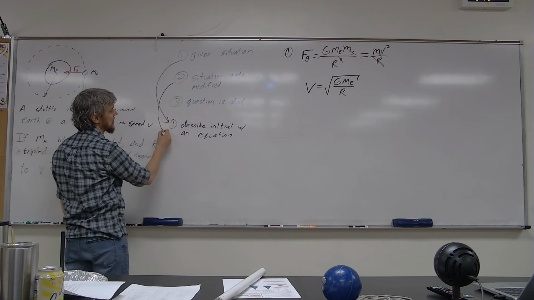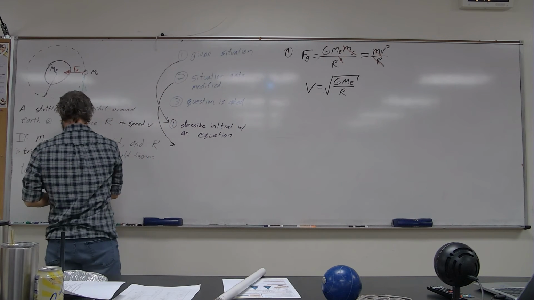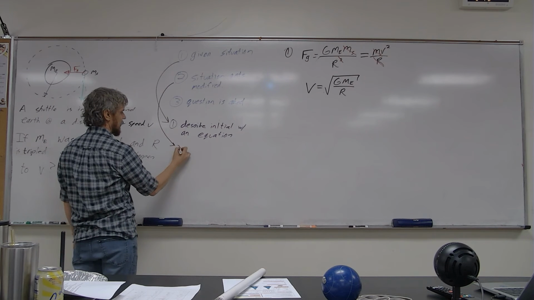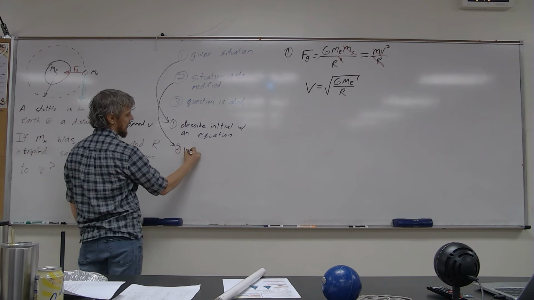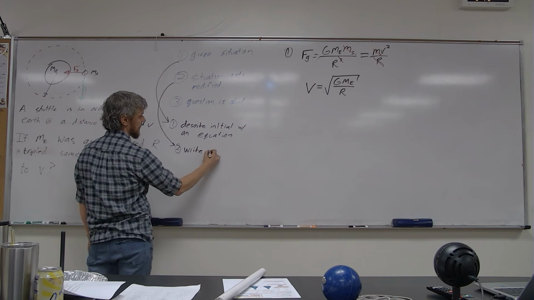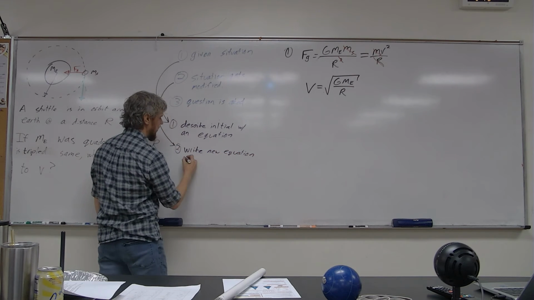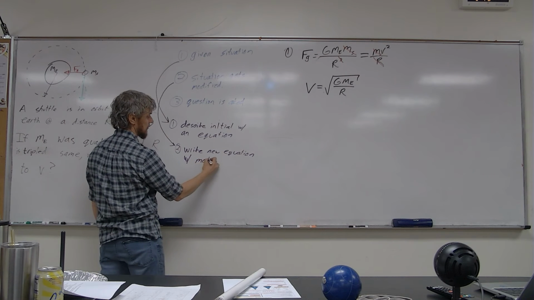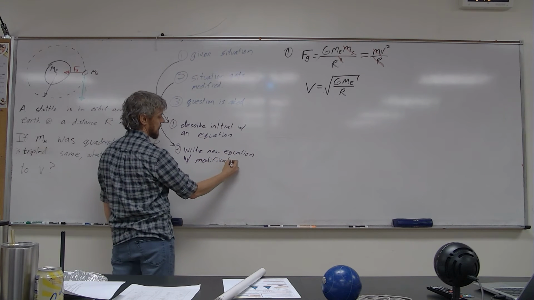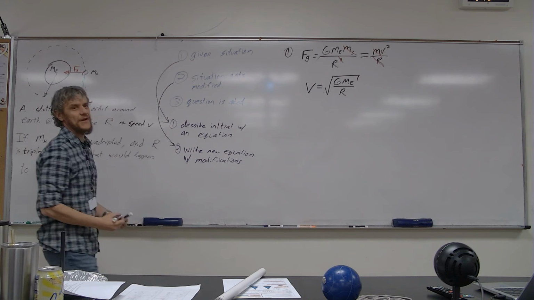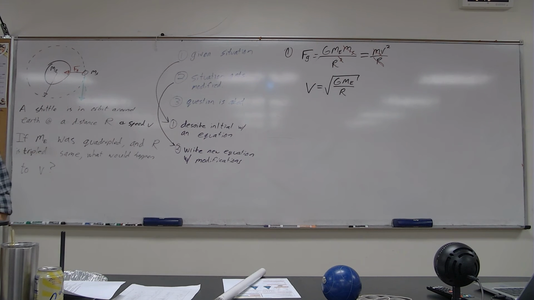And then the situation gets modified. What do I do there? I literally write a new equation in the equation with these modifications. Meaning, if ME has become 4 times bigger, I replace ME with what? 4 ME.